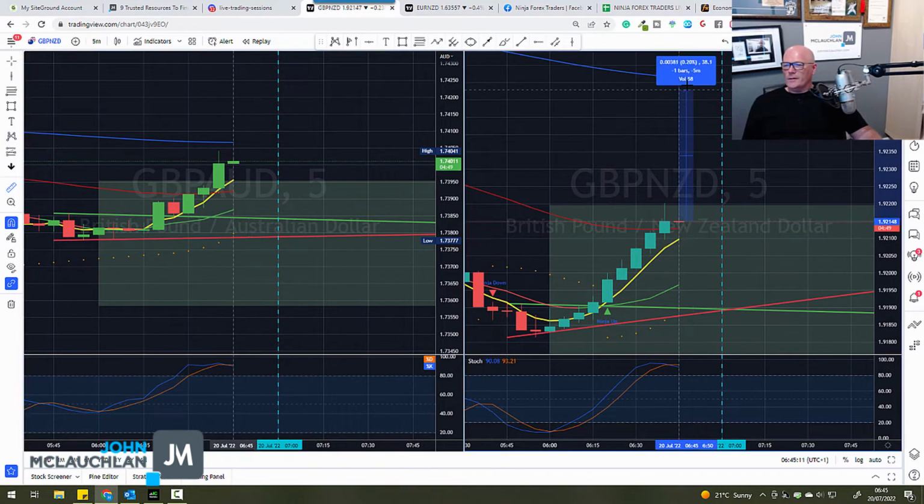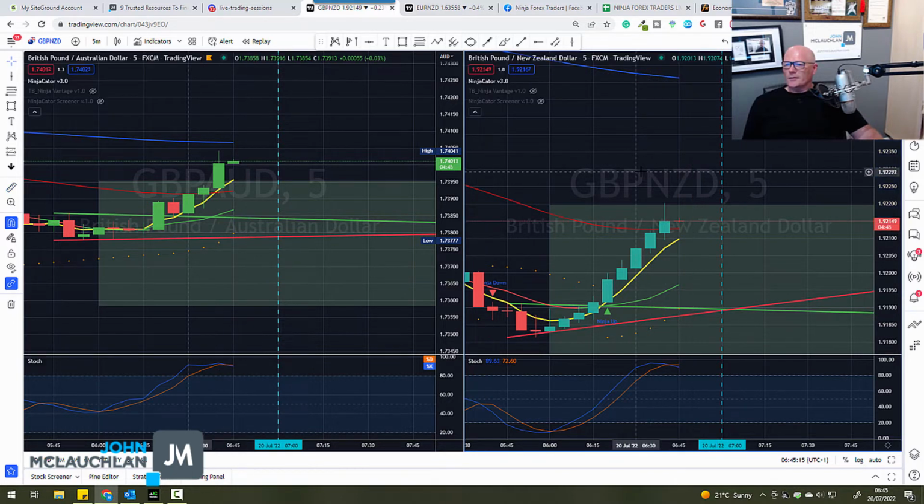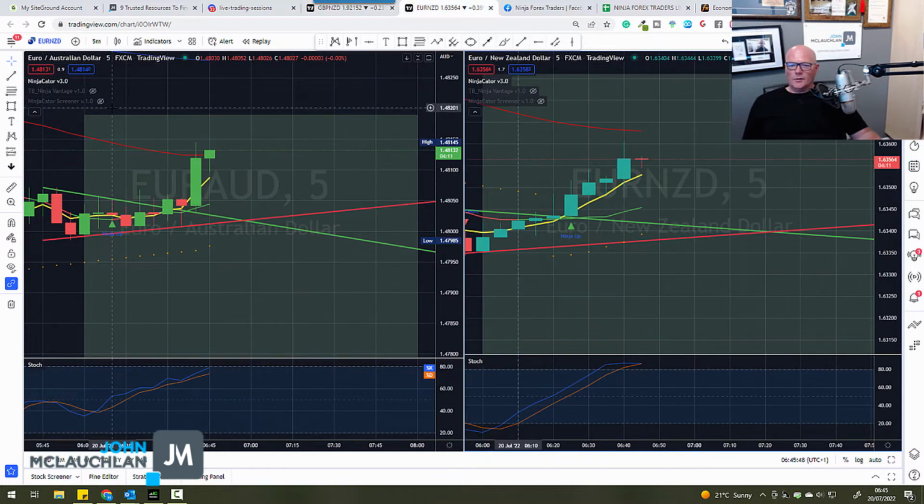So space from where it is now to that moving average is 40 pips. It's a potential. The same for the euro Australian, that's now above the moving average. So again, potentially that one could do something.